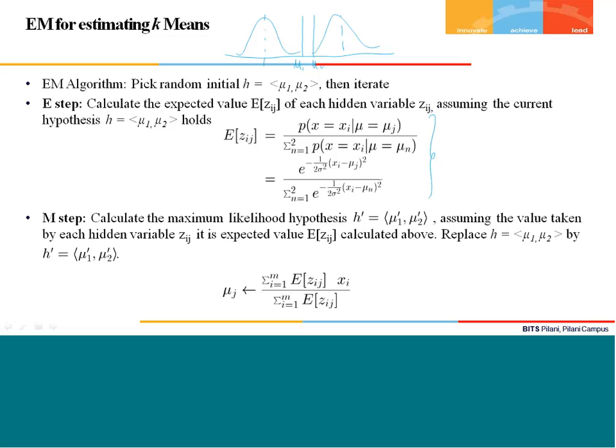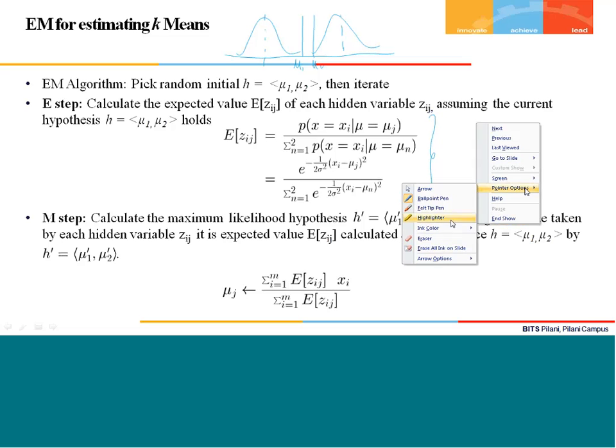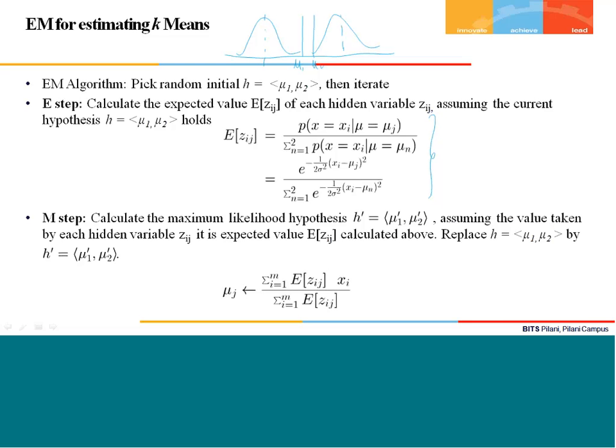So what we are saying here is, whatever mean I have assumed, I just take that mean only. If I assume these two means, then the normal distribution could be like this, right? Using these means, I will calculate the probability of the x that I have observed. Because you know the formula of the Gaussian normal distribution, right?